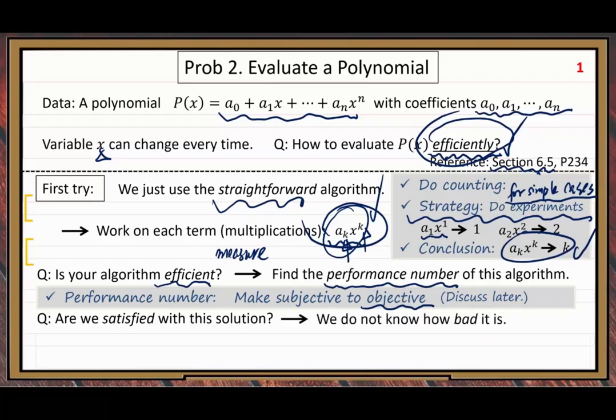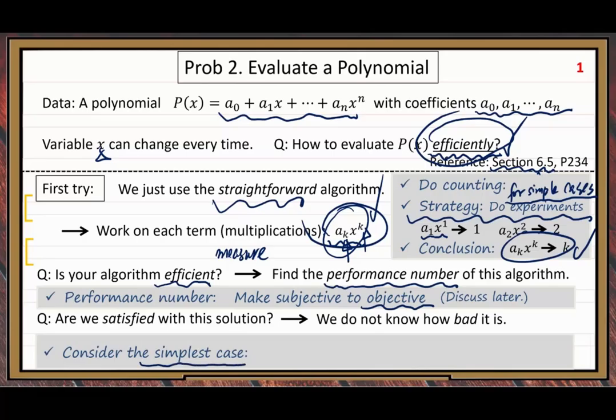So here, we need to do some experiment. We want to consider the simplest case. To calculate x to the kth power, we want to work on some simple case.